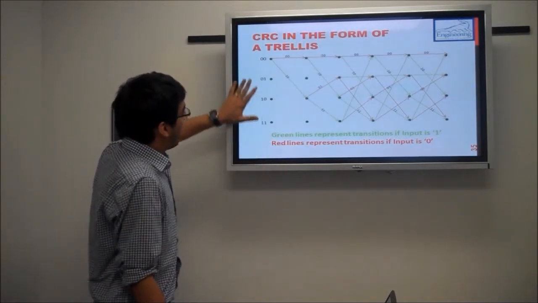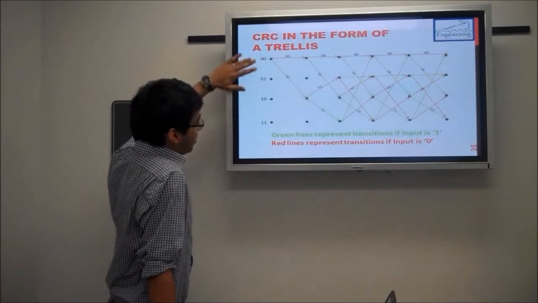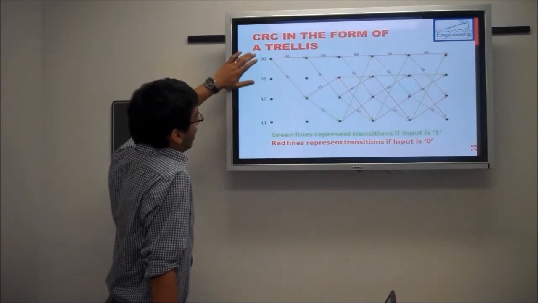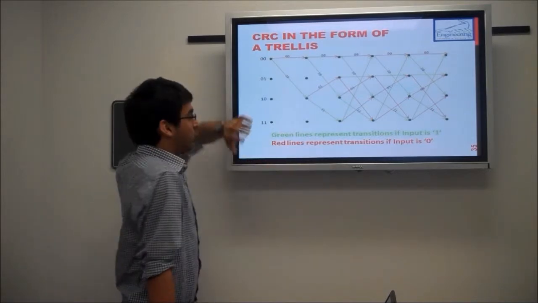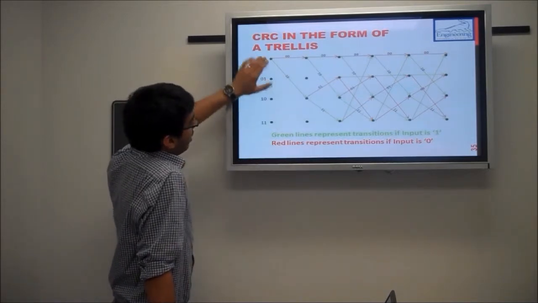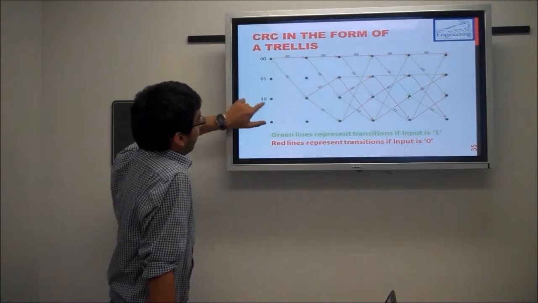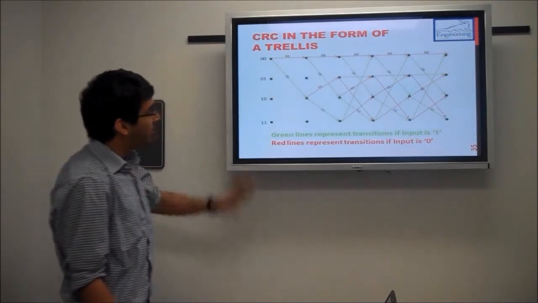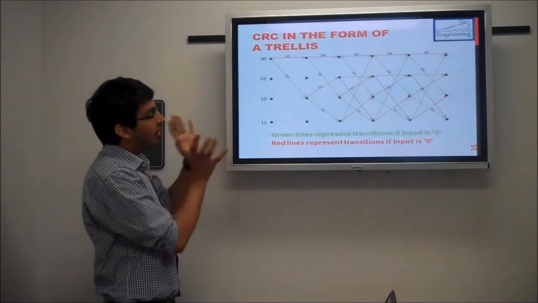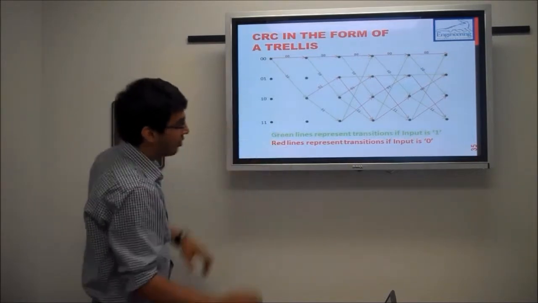So again, there are 4 different states because this is CRC2. And the next state, these green lines represent the transition if the input is 1. So if the message input is 1, the next state would be 1, 0 with the output as 1, 0. So we can represent CRC, cyclic redundancy check, in terms of a trellis.